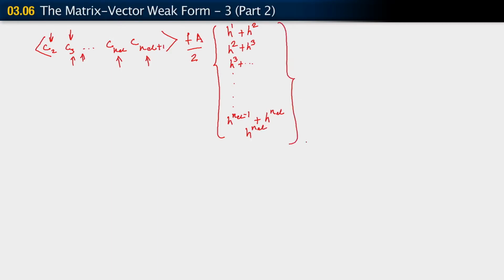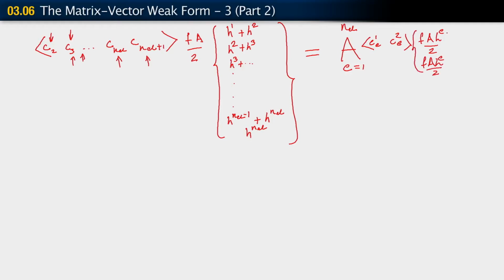Okay? This, once again, using this notion of the assembly operation of finite elements, is the assembly over E equals 1 to NEL, okay, of C1E, C2E, FA, HE over 2, FA, HE over 2, right?